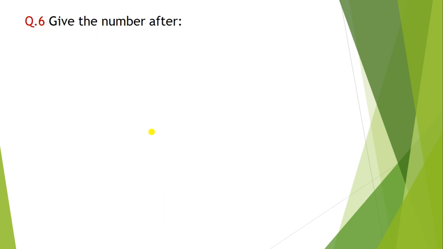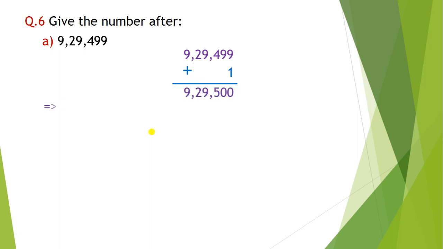Let's solve a question. Give the number after. The first one is 9,29,499. Let's add 1 to find the number after. The answer is 9,29,500.